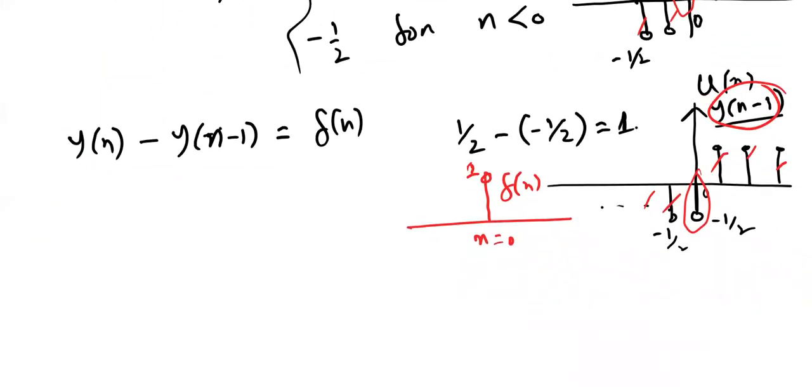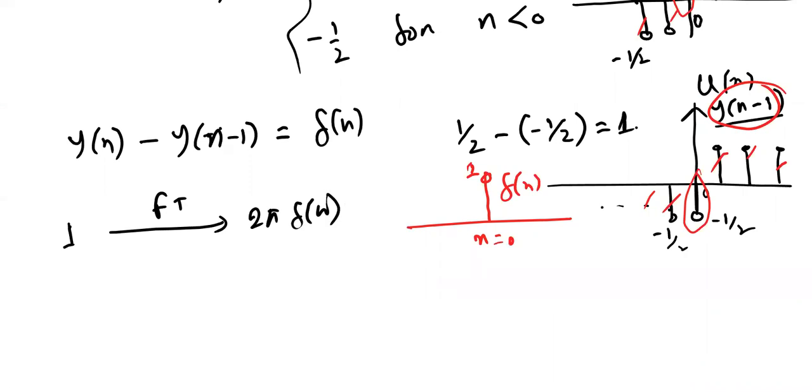Now, what is the Fourier transform of the delta function? We can understand if we want to do the Fourier transform of 1. We know that it is twice pi times delta of omega.